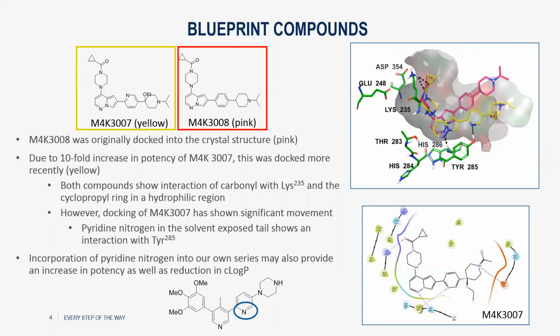And it looks like when you put the pyridine nitrogen in place of the phenyl, you get this movement, so that the pyridine nitrogen now interacts with the tyrosine. Well, this is purely from the docking, and obviously we would ultimately need to have this confirmed from the crystal structure, but it is quite interesting that you see that movement.